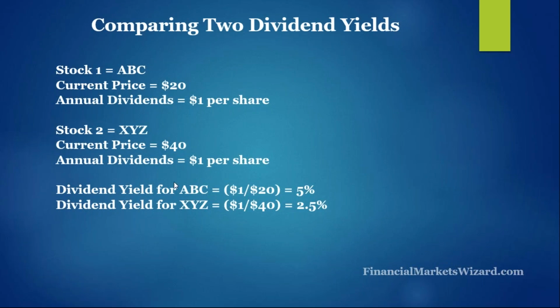But it doesn't mean this ABC company is good just based on the 5% return, because XYZ may be experiencing tremendous growth. So this $40 stock can go to $80, whereas the $20 stock remains at 21, 22. So you just cannot look at the dividend yield to decide on your investment.